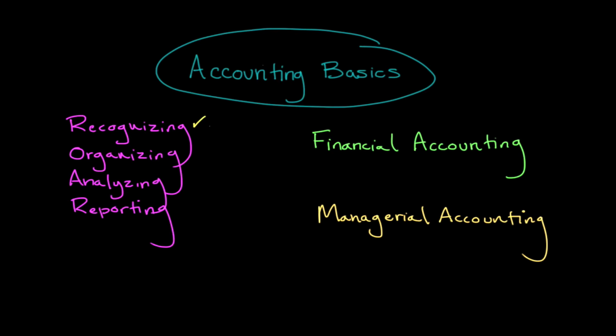The next component, or next purpose of accounting, is to organize said information. Unfortunately, a lot of information is produced by businesses over the course of operating, whether that would be something like sales information, or it could be something on a more detailed level, like employee productivity and hours worked and those types of things.